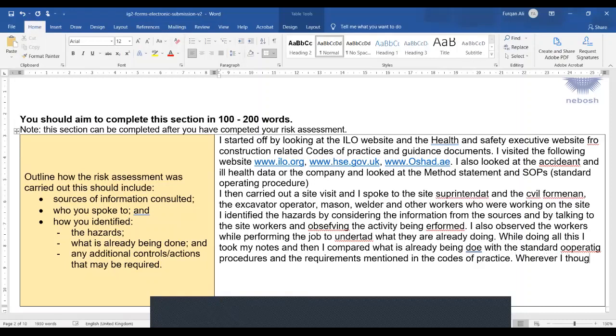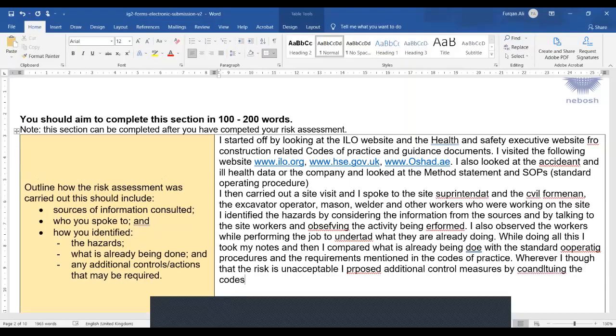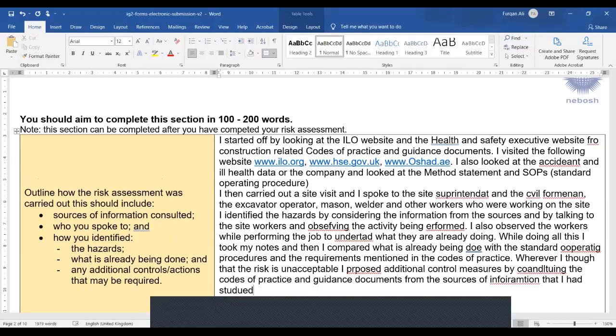Wherever I thought that the risk is unacceptable, I proposed additional control measures by consulting the codes of practice and guidance document from the sources of information that I had studied.